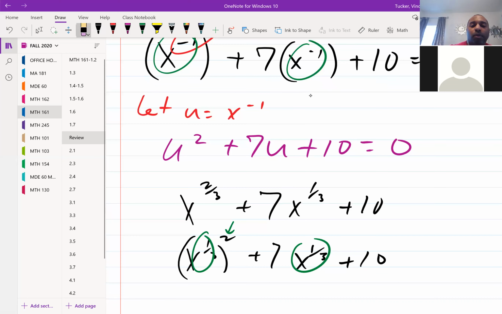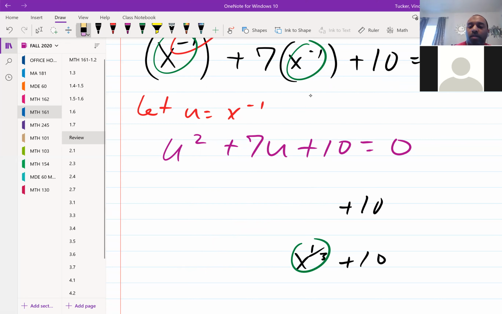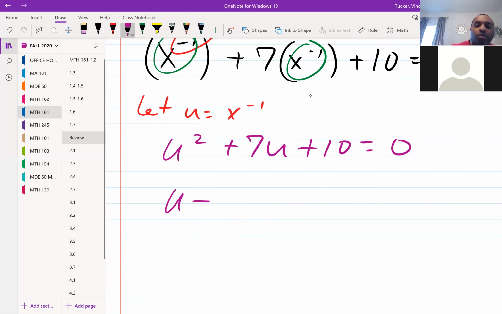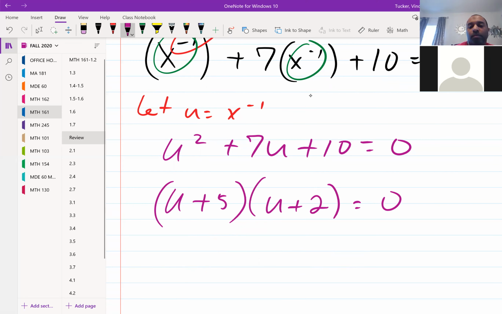So before I erase this, anybody holding on to this part? Anybody? All right, so let's go ahead and solve this. We can solve this by, if we want to factor, that'll be u plus 5, u plus 2. Once again, if you're not cool with factoring, you always use your quadratic formula.